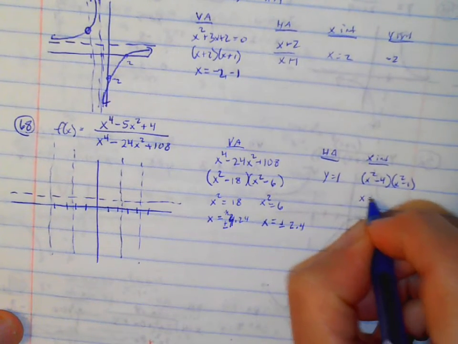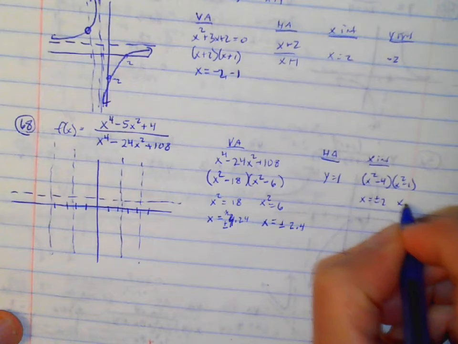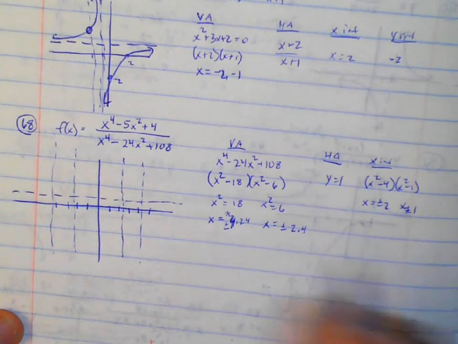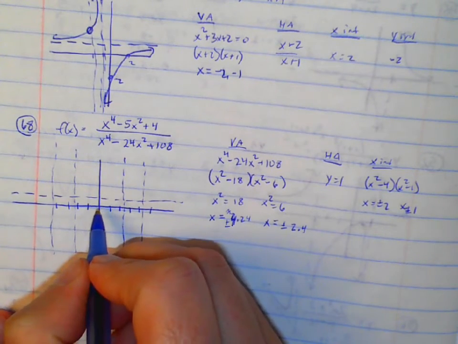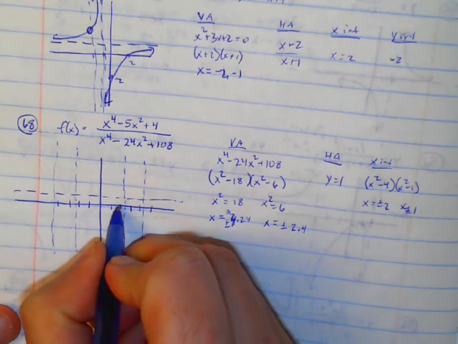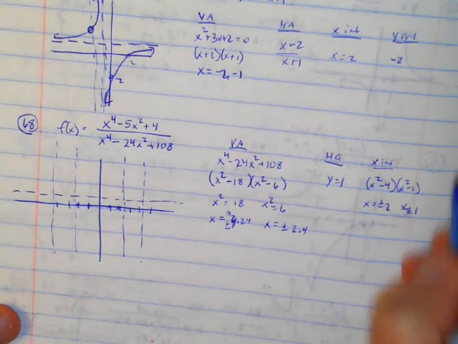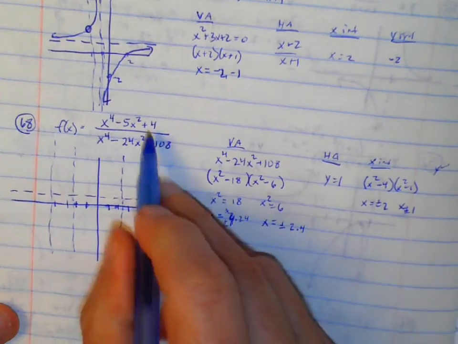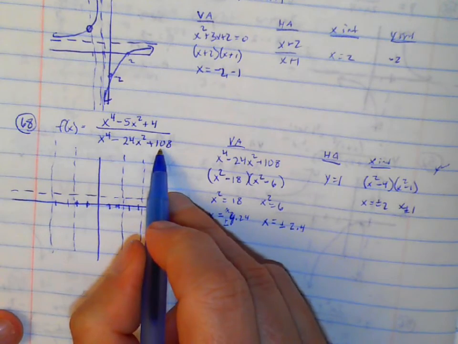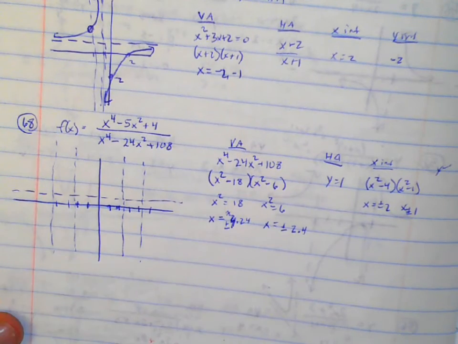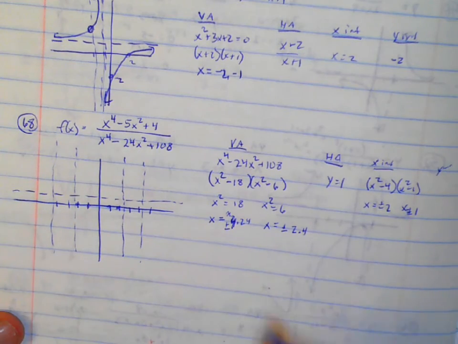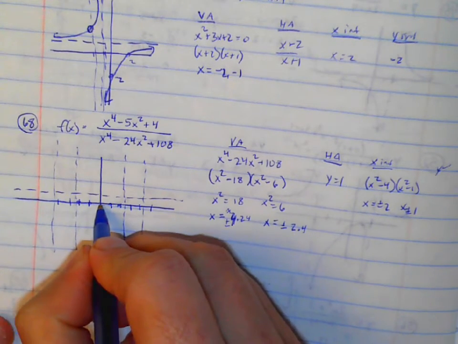So this would be plus or minus 2, and this would be plus or minus 1. So we have x-intercepts at plus or minus 2 and plus or minus 1. X-intercepts right there. And the y-intercept happens when that's divided by that, which is 4 over 108, which is, I don't know, 0.03, so it'll be like way right there.